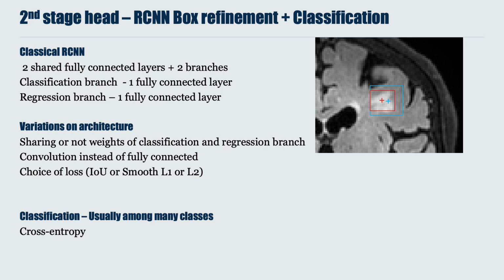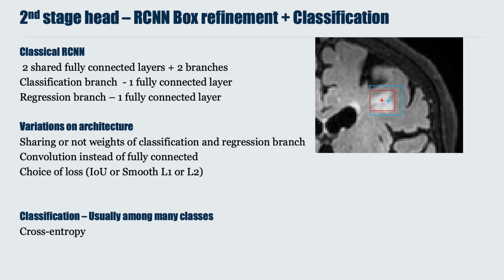Obviously, you can make all the variations on architecture that you want to do, either sharing or not the weights, either doing convolution instead of fully connected layers, changing the choice of the loss for the box refinement. And you can also obviously change your classification loss if you need to, and usually it's among many classes, and typically you use a cross entropy there.